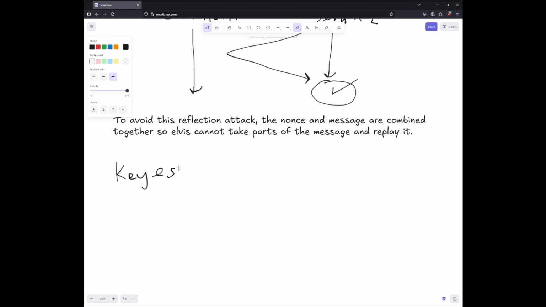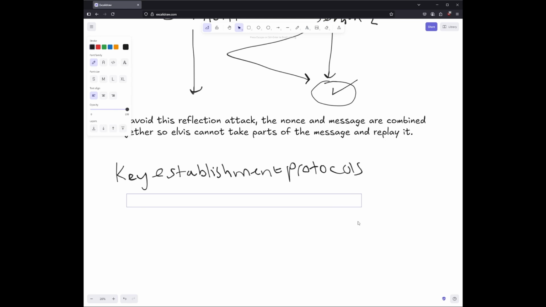Without it, we wouldn't have those session keys to encrypt these messages with. Now, there are two ways in which you can have this key establishment protocol.